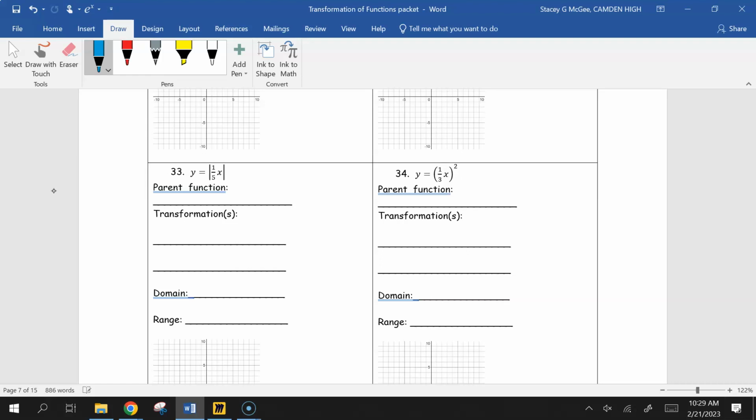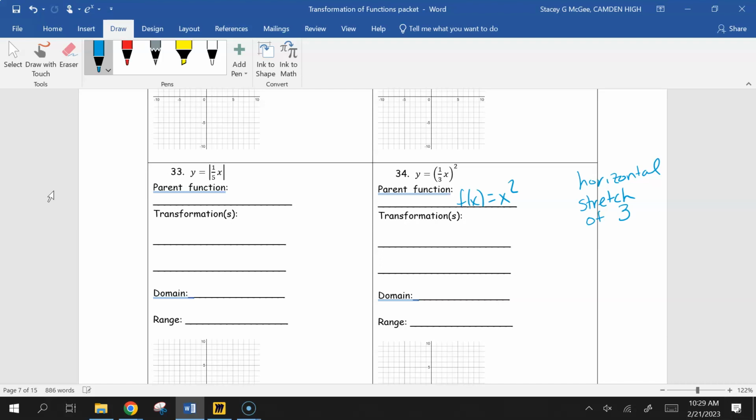All right, parent function here is just x squared. Vertical or horizontal? How do you know? It's inside. So I know I'm horizontal. Is it a shrink or a stretch? How do you know? It's less than 1. So it's a horizontal stretch, it's opposite. So it's a horizontal stretch of 3.